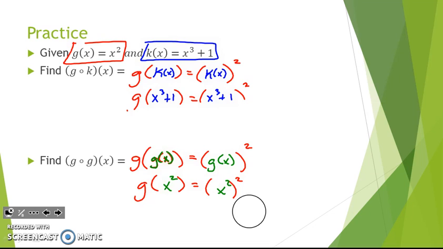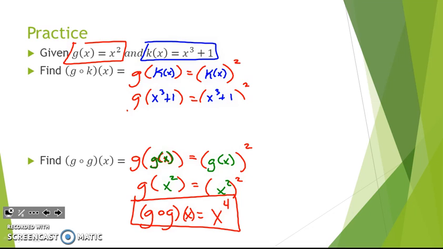If I've got a power to a power like I have here, I'm going to multiply them. That gives me an x to the 4th. So I find that g open circle g of x equals x to the 4th.